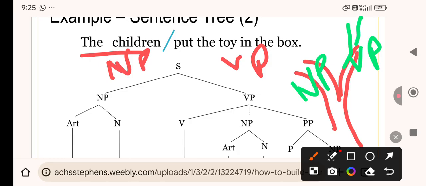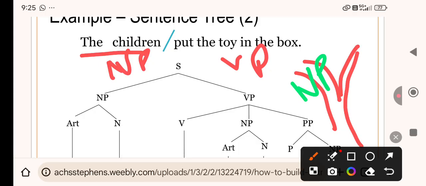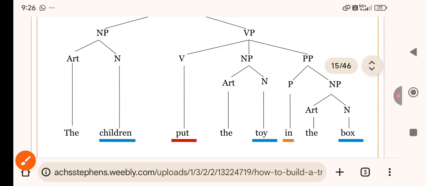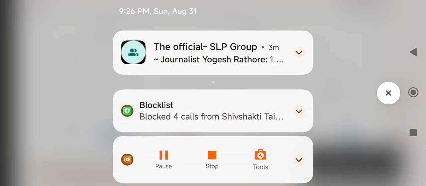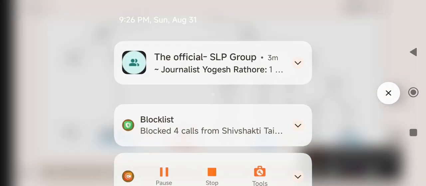So this is the verb phrase, and then another branch is in the box, which is a prepositional phrase. The same they have explained here. The first, this is the noun phrase.